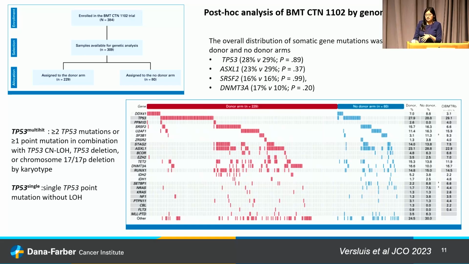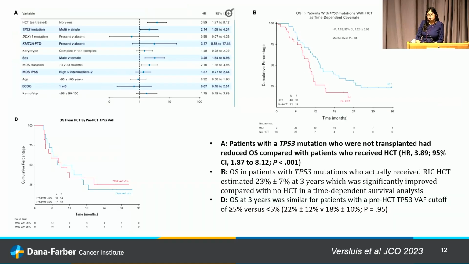In the donor and the no donor arm, the prevalence of P53 was similar, 28% versus 29%. And if you look at the curves on the right, you can see that with transplant, survival was much better than without transplant. This was a hazard ratio of 3.89, p-value of less than 0.001.